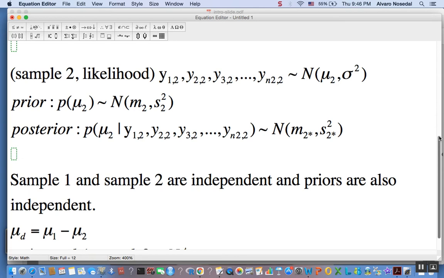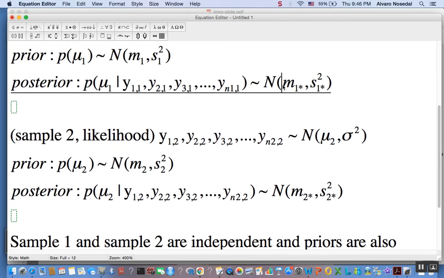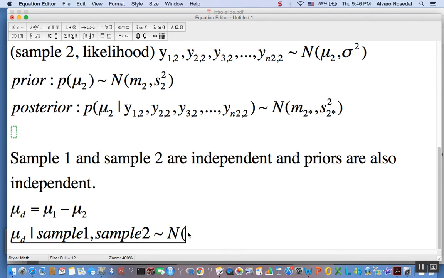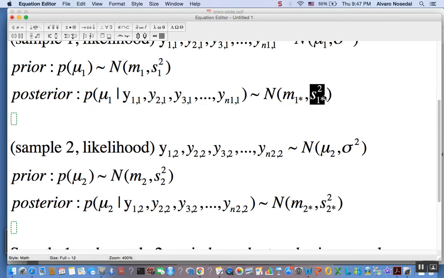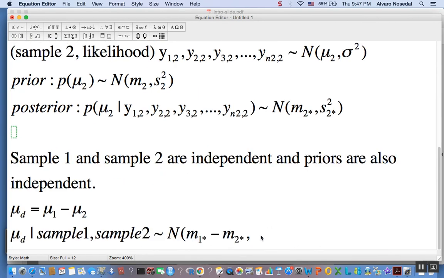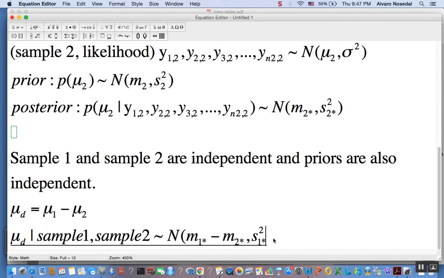Thanks to what we did with our MGFs, we know that the mean for that new normal is going to be m1 star minus m2 star, and the variance for that difference is the sum of those variances.